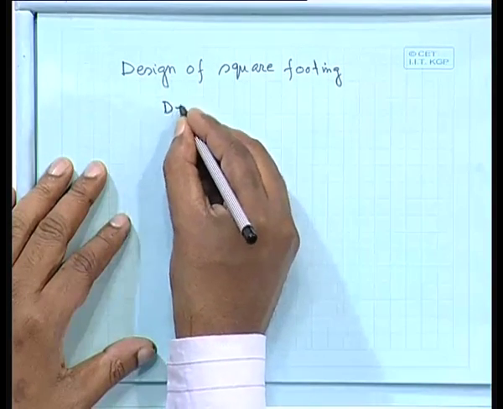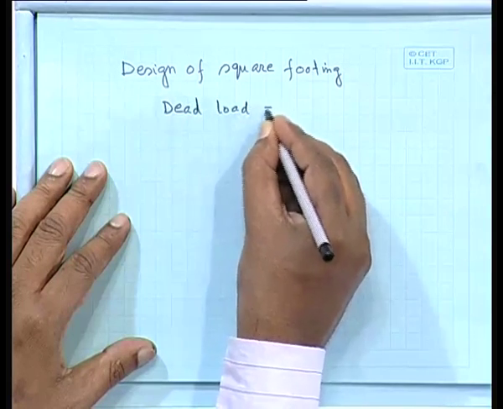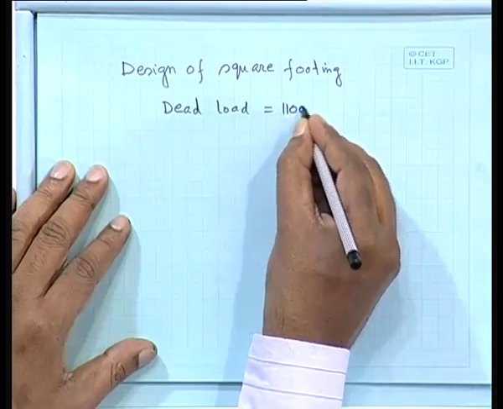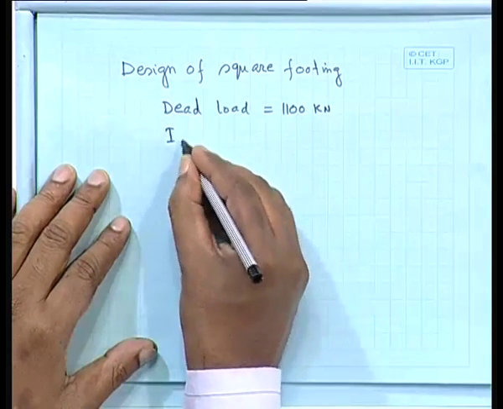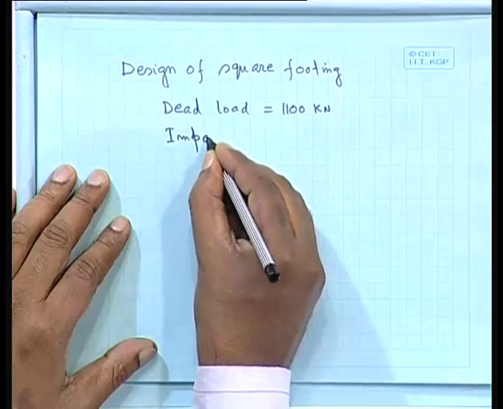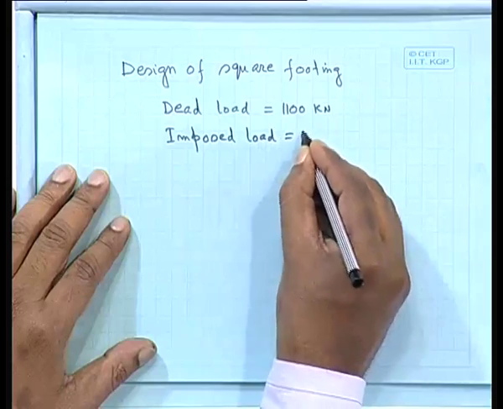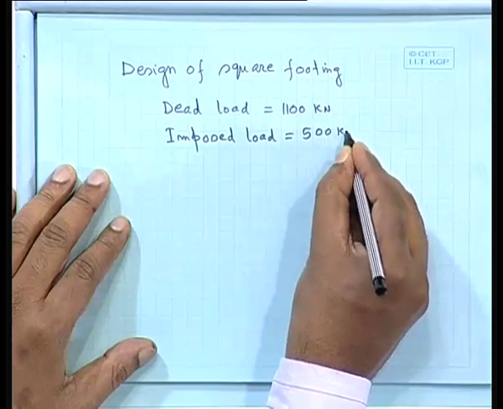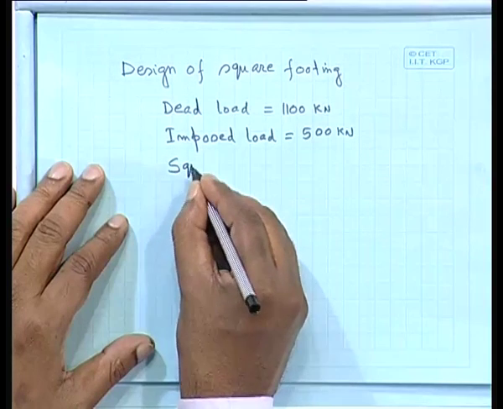Dead load, let us take, imposed load, and a square column that we have to support.